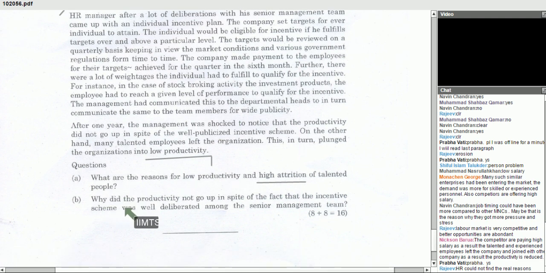The second question says, why did the productivity not go up in spite of the fact that the incentive scheme was well deliberated among the senior management team? Even after performance-based incentive schemes, why did the productivity not go up?